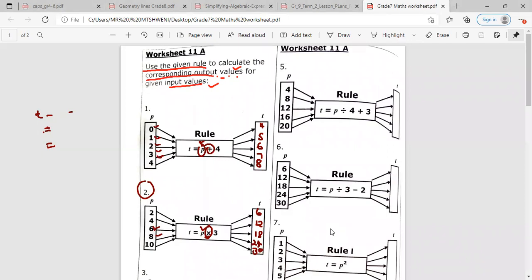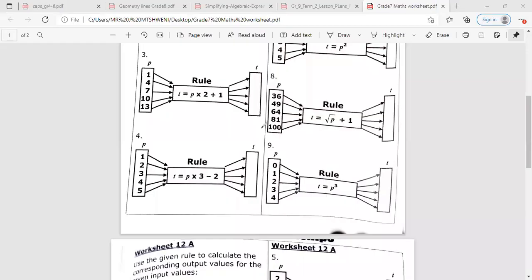Let's move on to the next question now. All right, now let us continue to number 3.